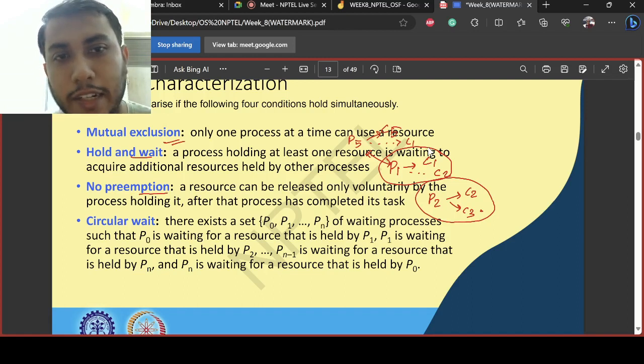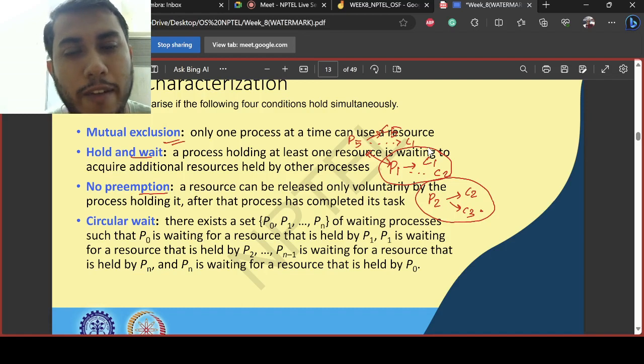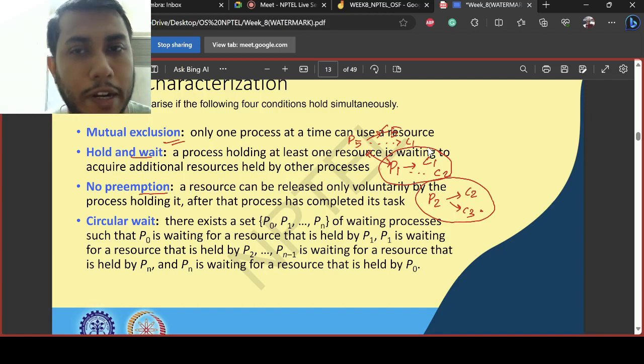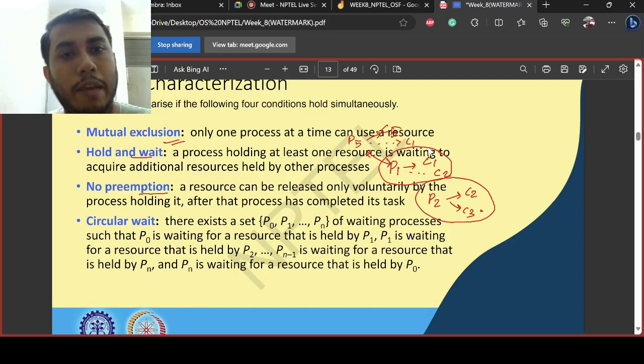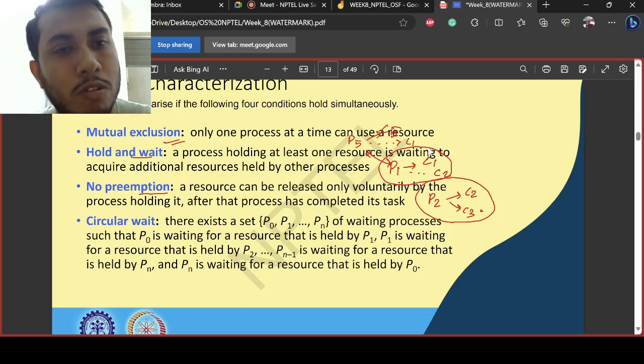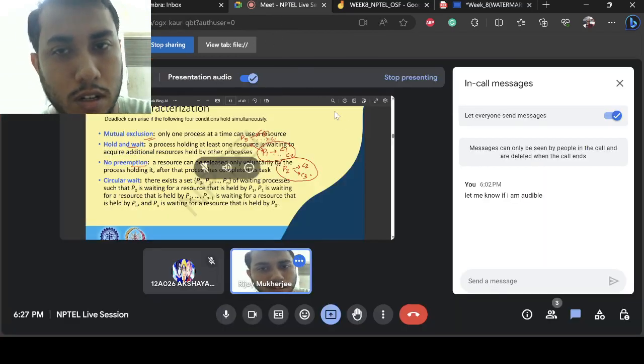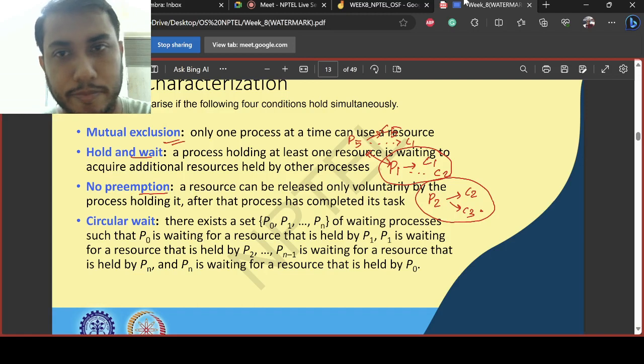But how can it eat, because C2 is not available to it? So C1 is not released voluntarily because P1 is not able to complete its task, whereas C2 and C3 will be released by P2 when it completes its task. That is the condition of no preemption.